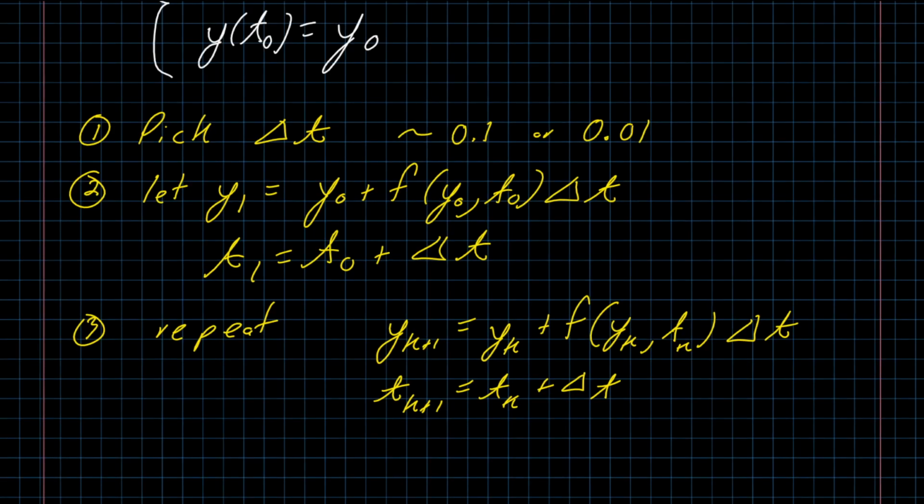And if you keep repeating that, you'll eventually get to the point t_n that is the point that you are interested in knowing about. And if you plot all of the points as you go, you can construct something that looks reasonably like the graph of the function.